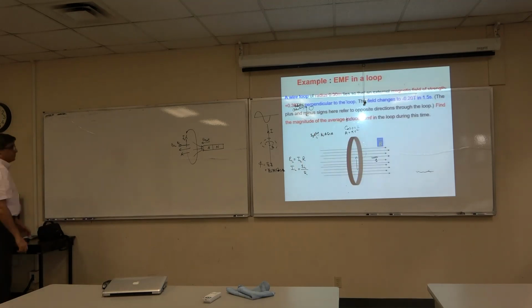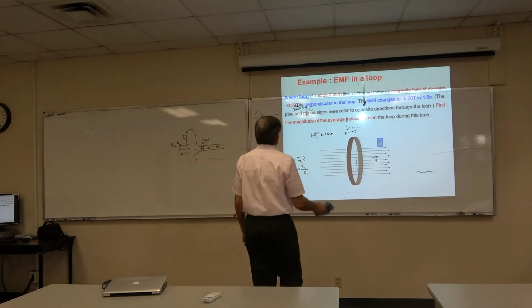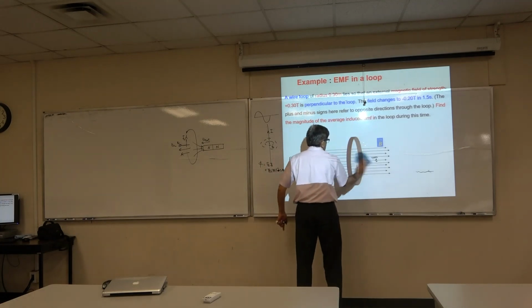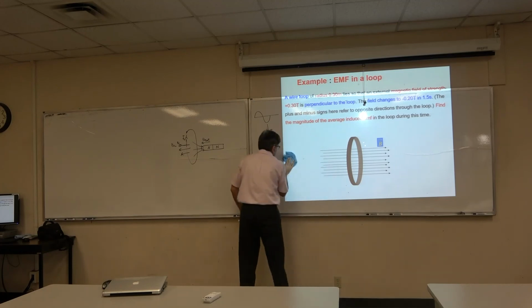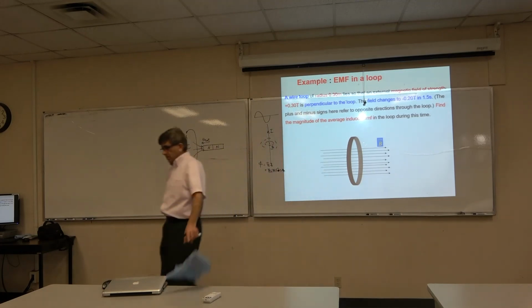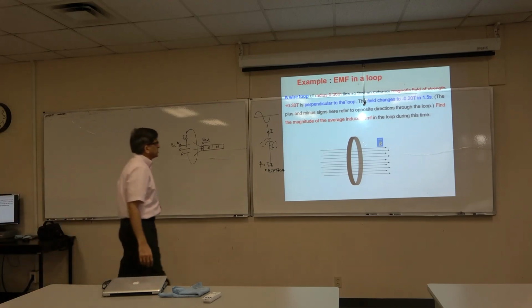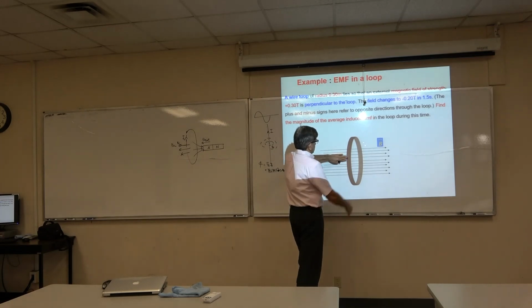Here is another one. It says a wire loop of radius 0.3 meter lies so that the external magnetic field of strength 0.03 Tesla is perpendicular to the loop.